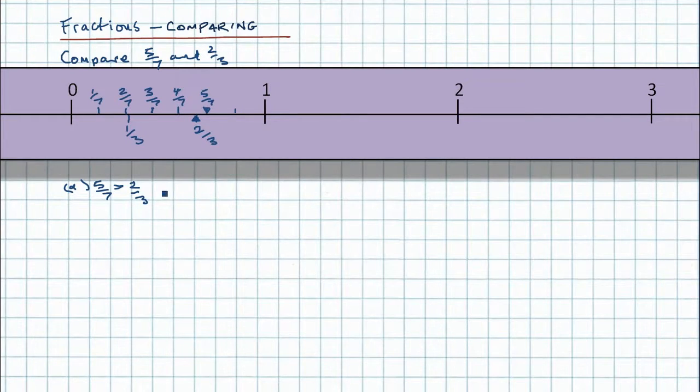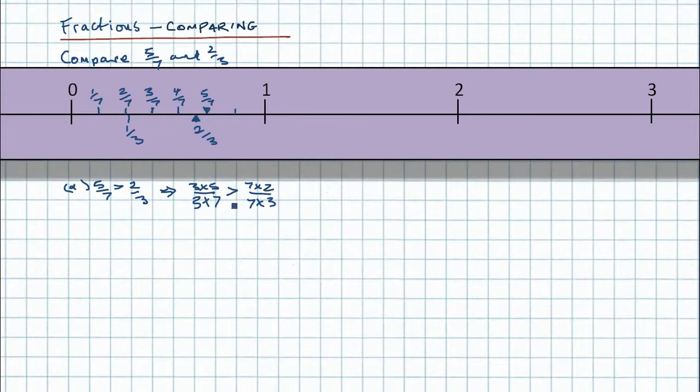Okay, so what we're going to do then is rewrite this. So let's just use this symbol here and say 3 times 5 on the top there over 3 times 7, which we think is greater than 7 times 2 over 7 times 3.